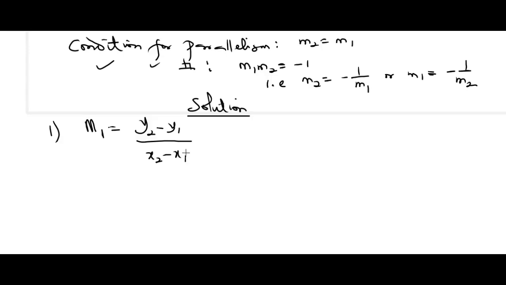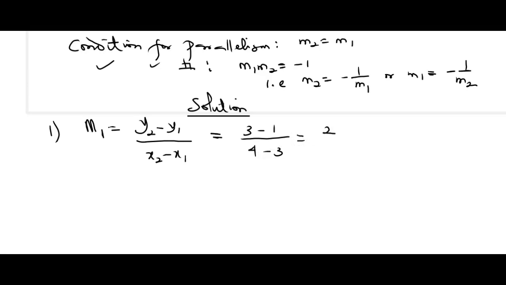So we need to locate what is our y1, our y2, our x2, and our x1. From this question, our y2 is 3 and y1 is 1. Our x2 is 4 and our x1 is 3.